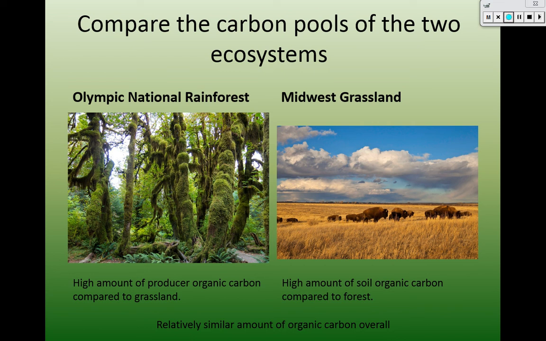We would have to add it up, and I'm not interested in doing the research to do that. And there are going to be ecosystems where you can look at it and go, oh yeah, that one definitely has less organic carbon overall compared to that one. These two, it's tough to say, right? Like you've got to count in the buffalo too, because here we've got a bunch of consumers. It's possible the rainforest has more organic carbon. I don't know that it matters that much.